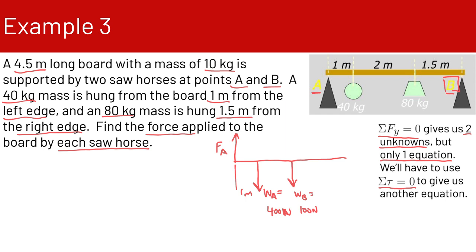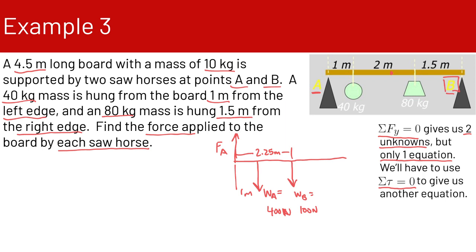So the middle of the board, this distance from here to here is 2.25 meters. Remember that something like a board, we have to account for its mass, and the board's mass is counted at the center of mass, which is in the middle of the board, which in this case, for a 4.5 meter long board, is 2.25 meters.